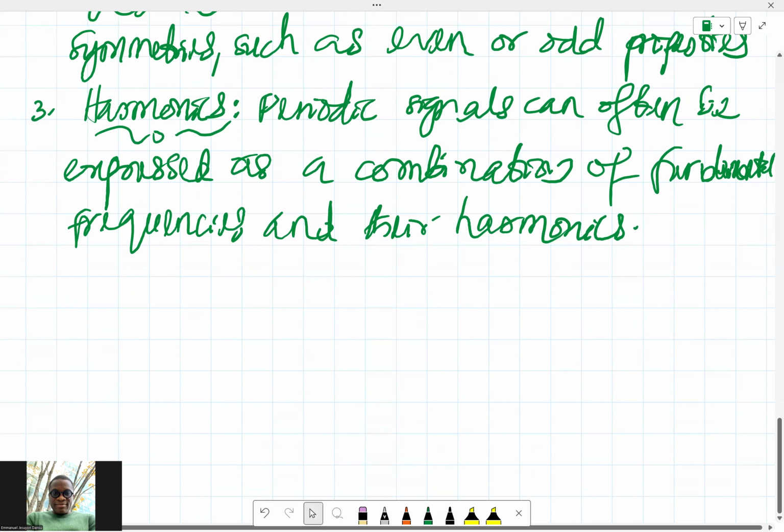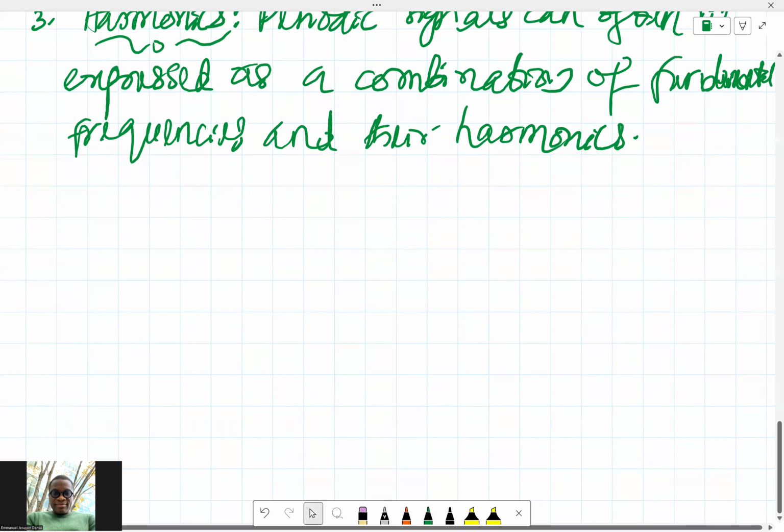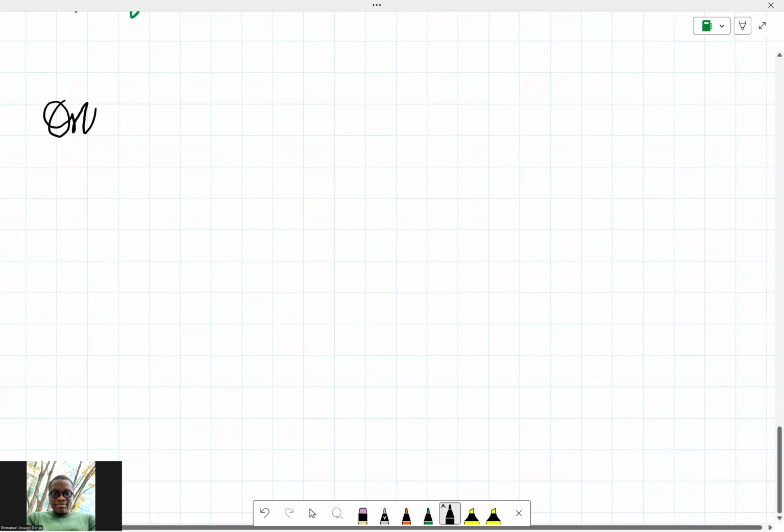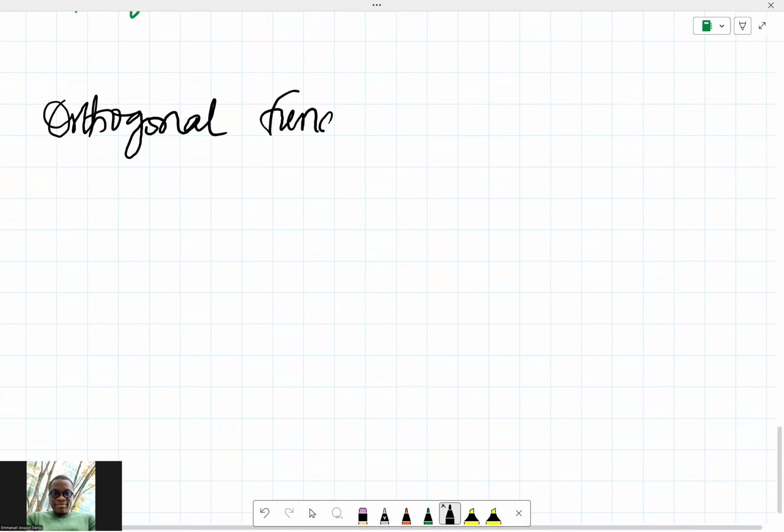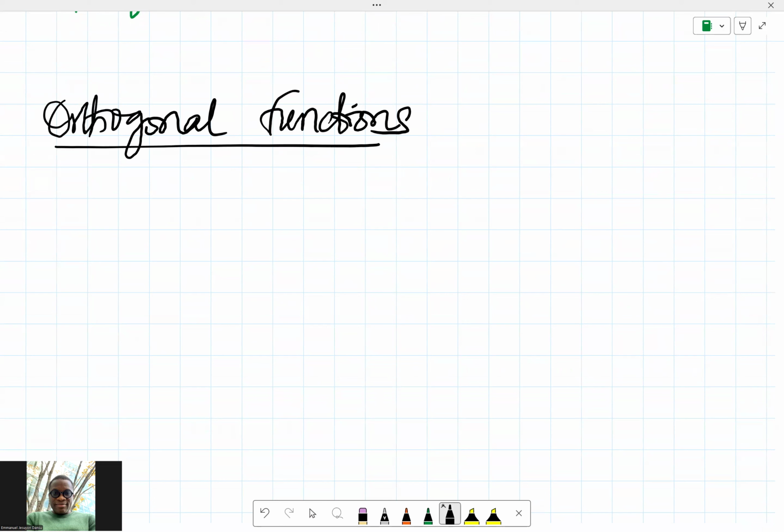Okay, then that takes us to the idea of orthogonal functions. So let's talk about the concept first of all. Concept of orthogonality.